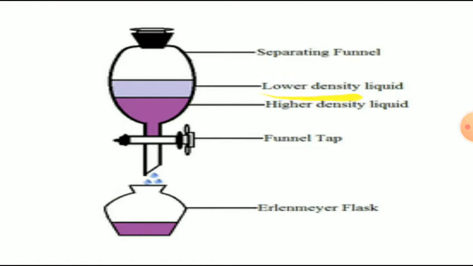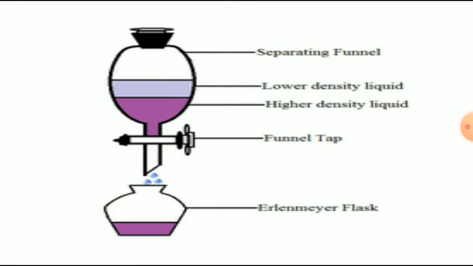This one will be the lower density liquid and this one the higher density liquid. When we open the tap, the higher density liquid will go through the funnel tap into this Erlenmeyer flask. In this way we can separate out the sample component from the separatory funnel.